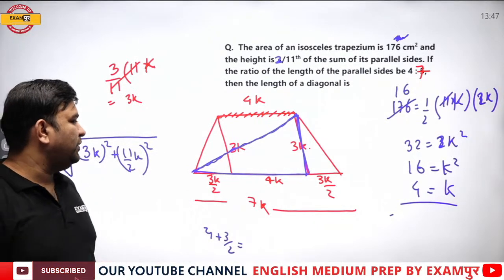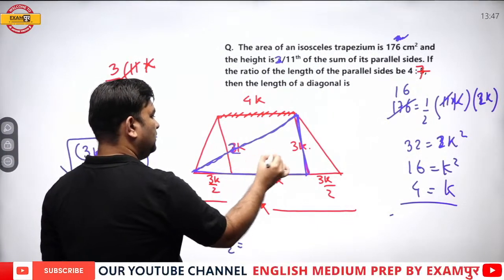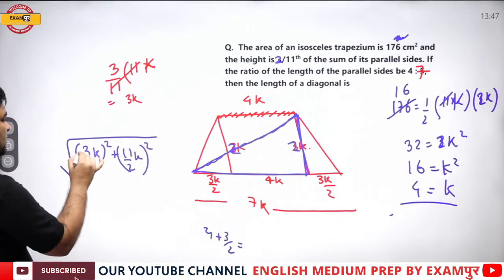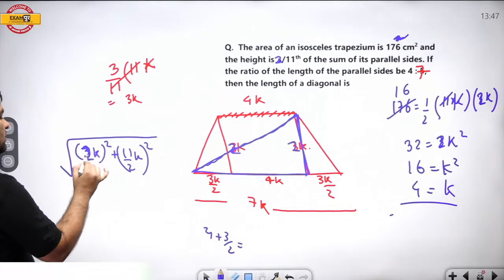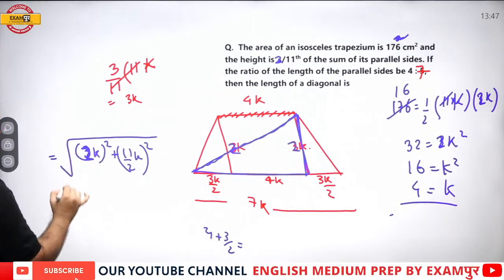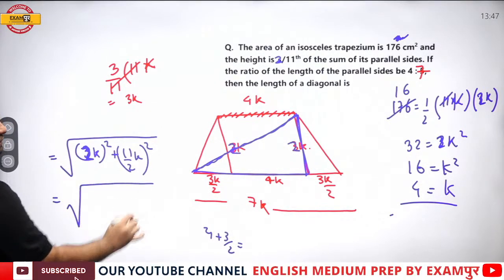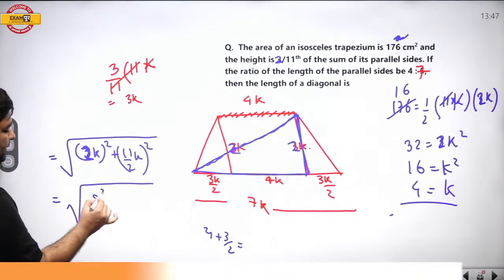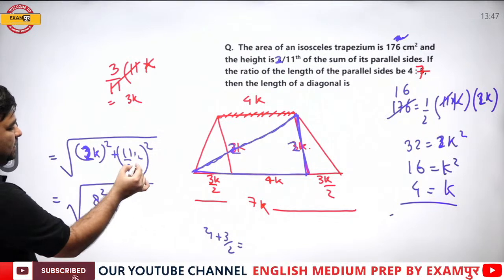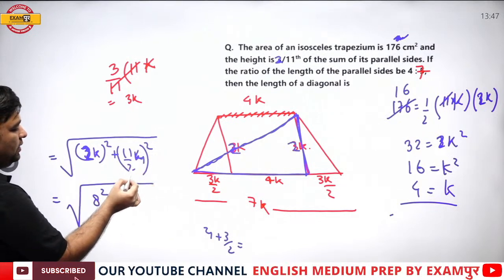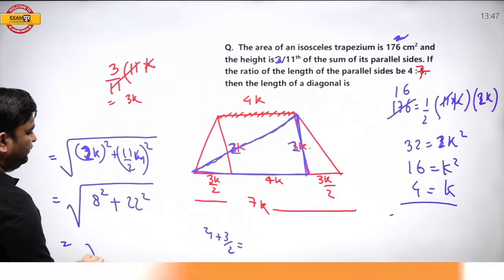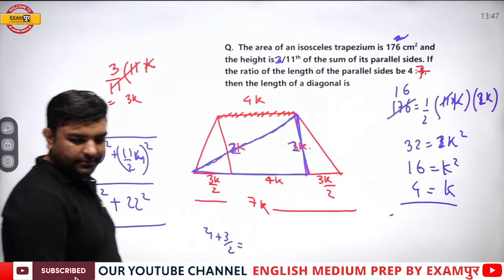Then 4 twos are 8 square plus 4 into 22 square.